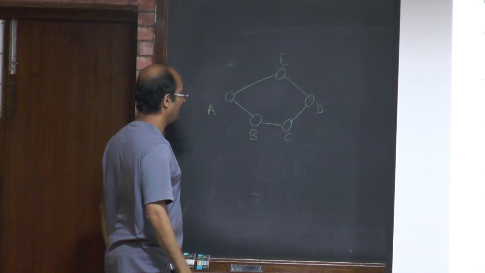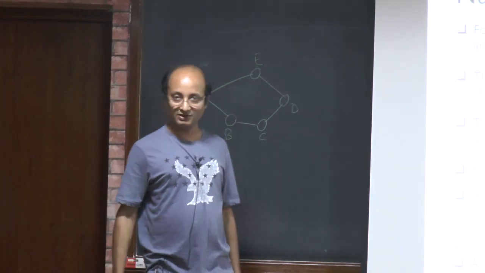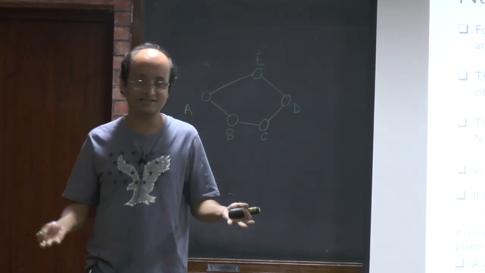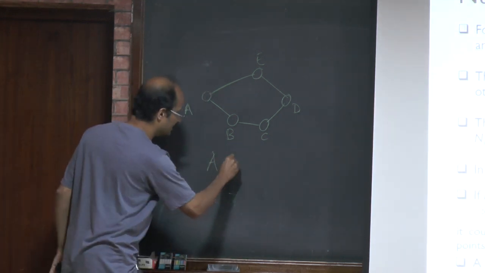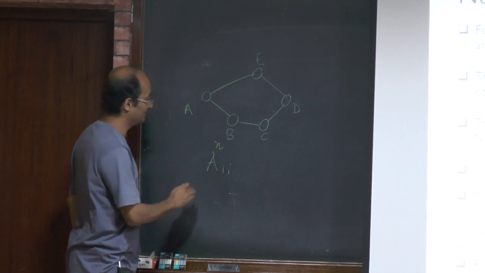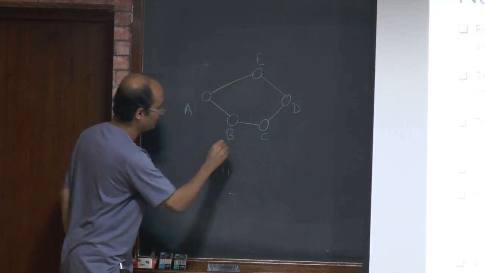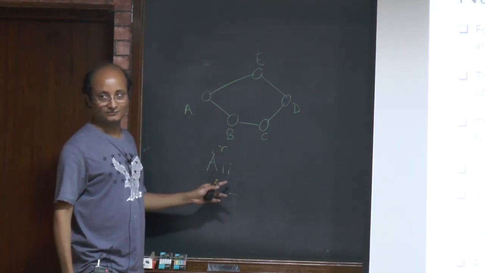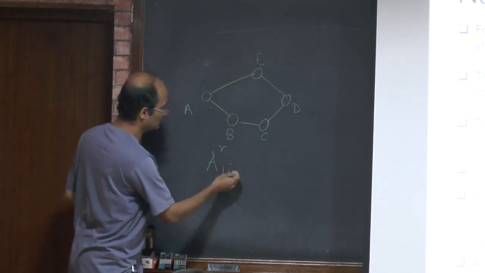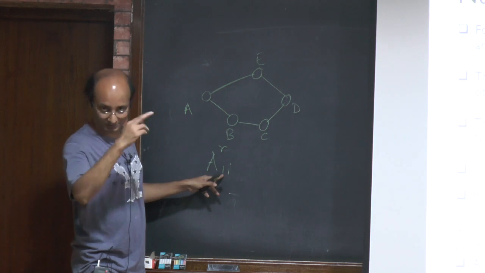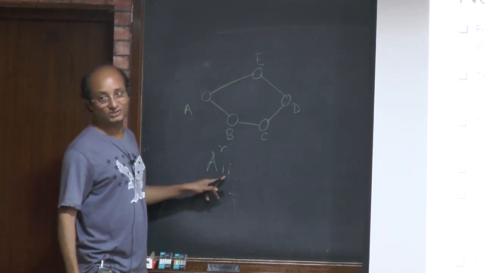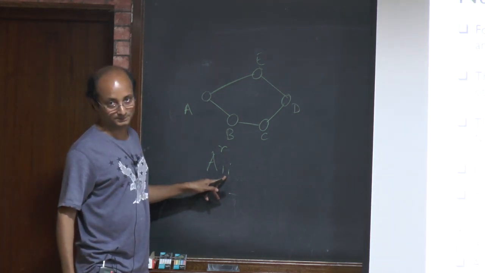So if you're interested to know the number of cycles, all you have to do is look at the diagonal elements of the matrix A raised to r for i. So this will tell you whether there is a cycle or a closed loop which includes i.